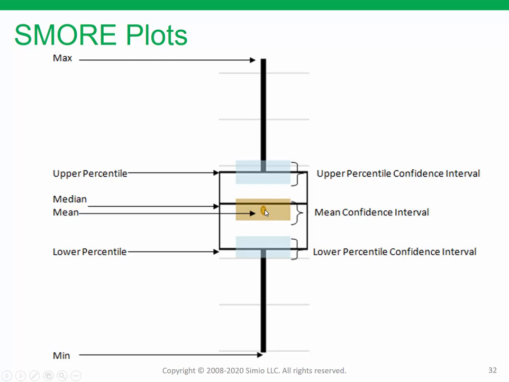We'll talk about that statistical definition a little bit later if you're not familiar with that. We get the median value, the upper percentile, the lower percentile, the corresponding confidence intervals for those two percentiles, as well as the maximum and minimum value. So it just gives us a graphical representation of the individual observations that we saw when we replicated.